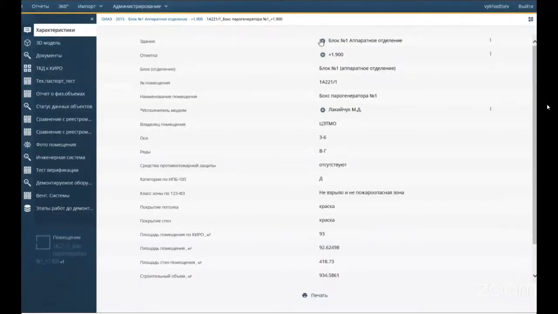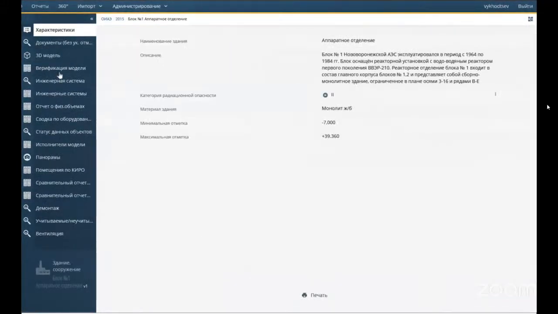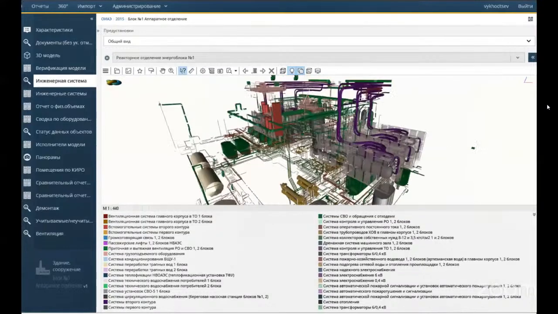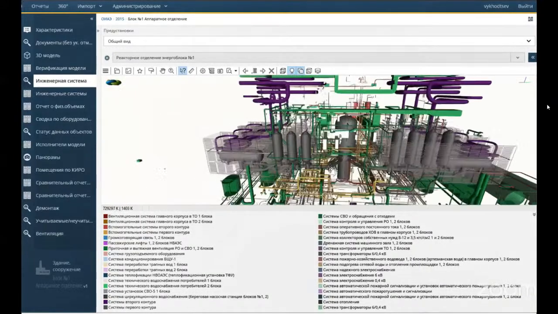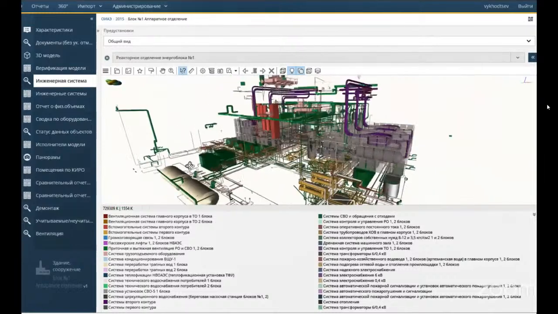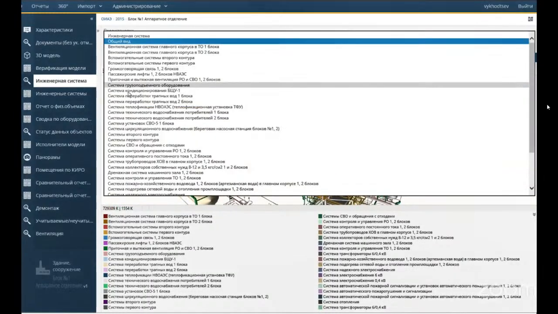We could switch to the drawings. If the drawings are old, we just do scanning and put the electronic copy of these drawings inside our database, which is also connected to the BIM model.